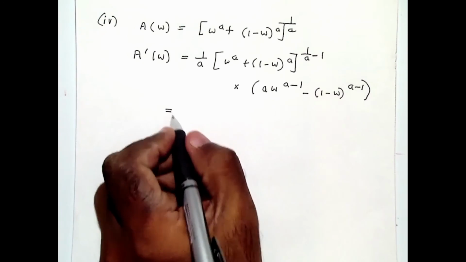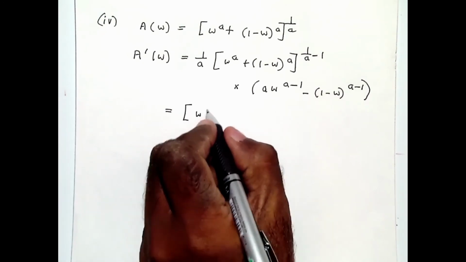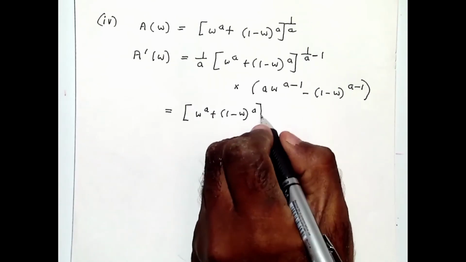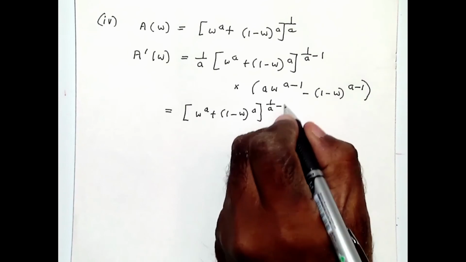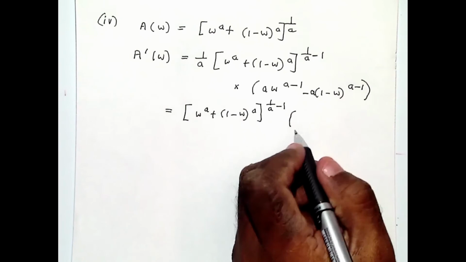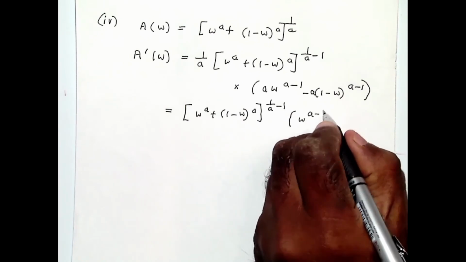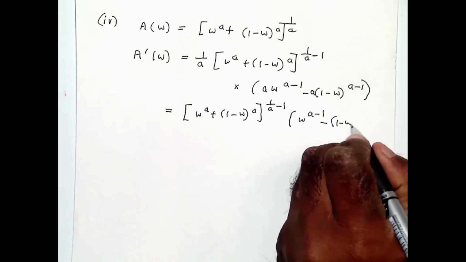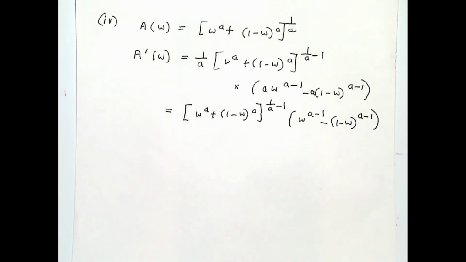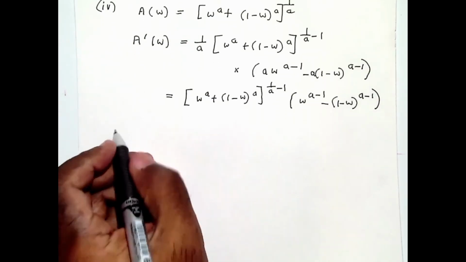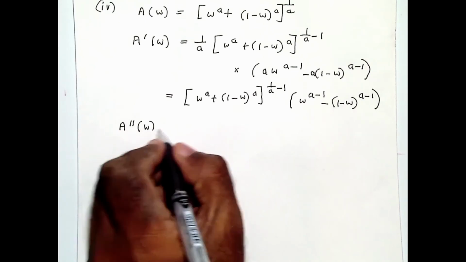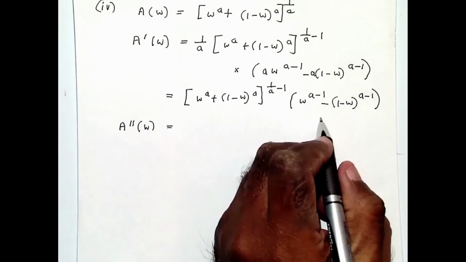You will get the a cancels out, so you get w power a minus 1 minus 1 minus w power a minus 1. So this is the first order derivative. Now we need to find the second order derivative, which is the derivative of this.